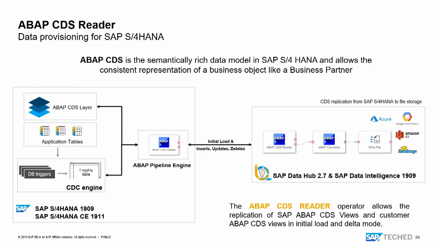So typically, if we look at the CDS view, it consumes or it joins multiple tables. And what we now invested into, and that is exactly what the ABAP CDS Reader operator is utilizing, is a change data capture mechanism which will track changes on each and every individual table participating in one of those CDS views.